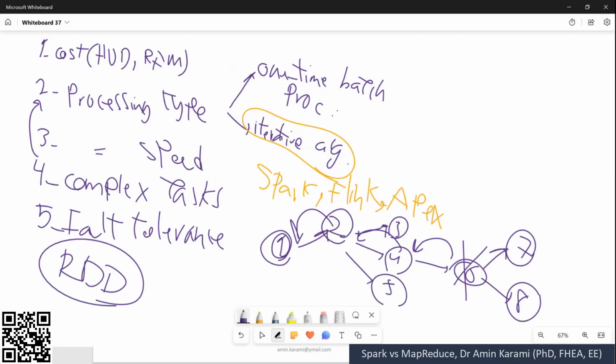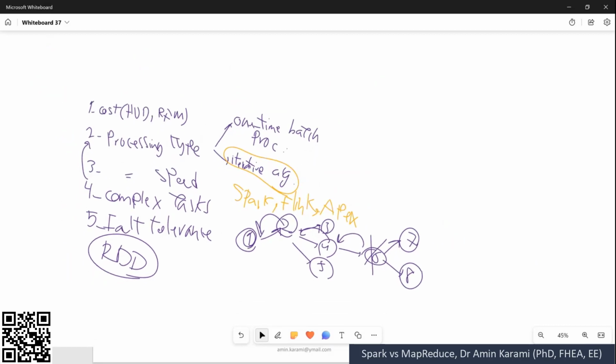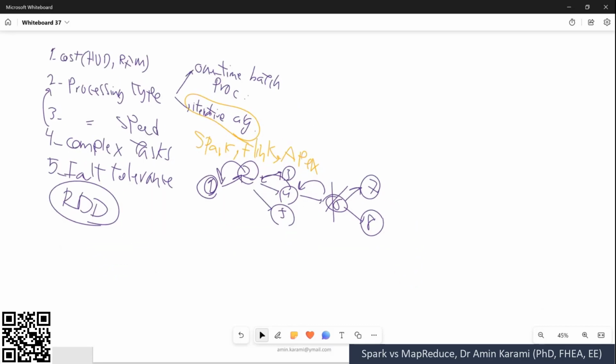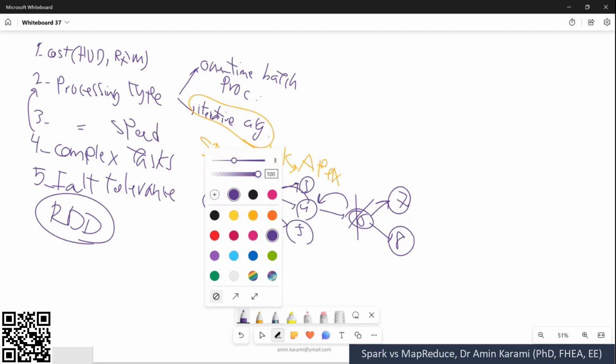So as you can see, the way they work is different. But I wish to discuss some advantages of Spark over Hadoop MapReduce for fault tolerance purposes.